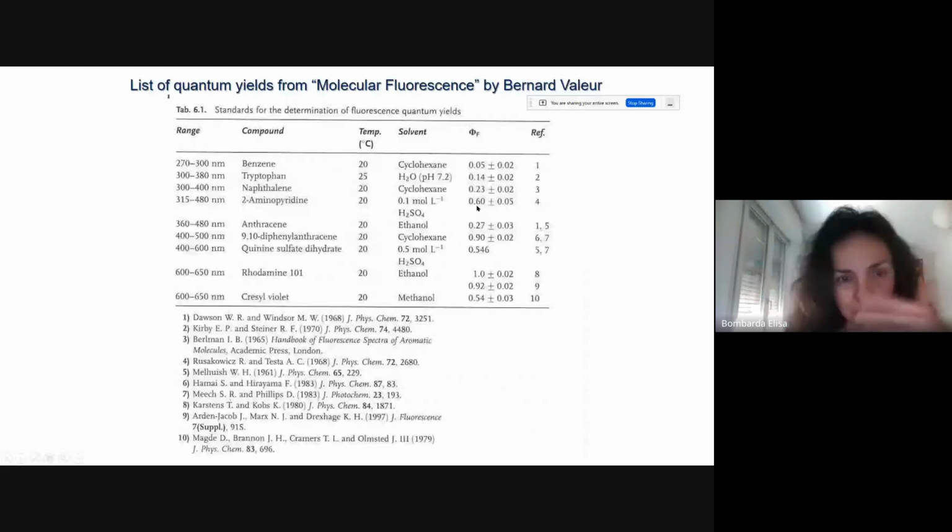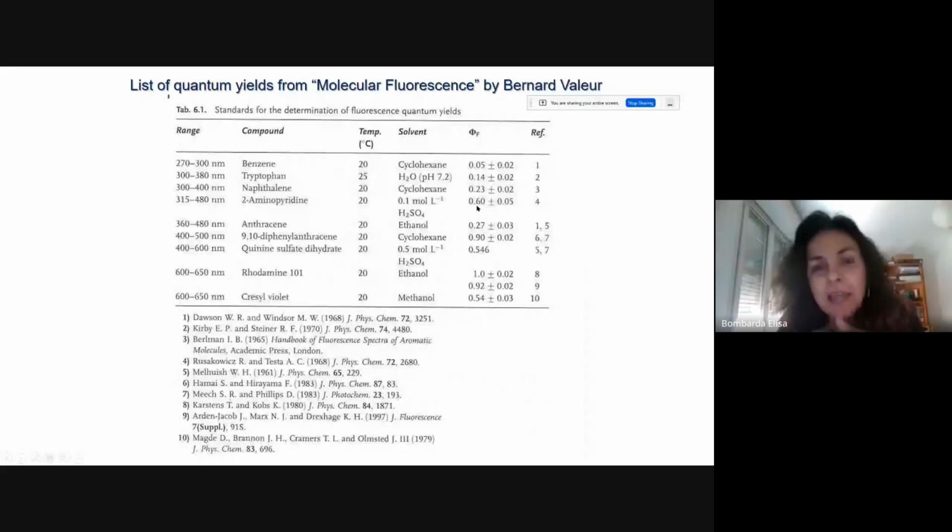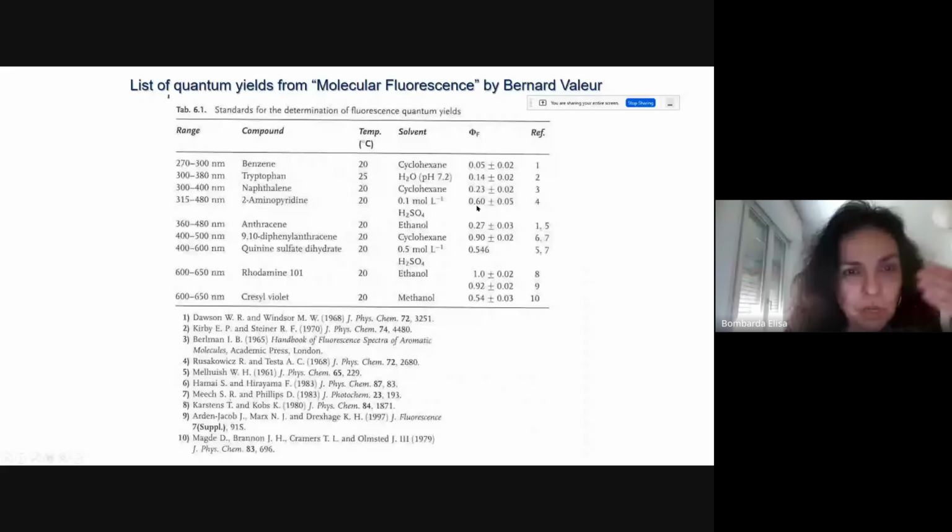And just because we are talking about standards, these are in tables, and you can choose. You see that this is, for example, taken from the book of Bernard Valeur. So here there are some compounds that can be used.